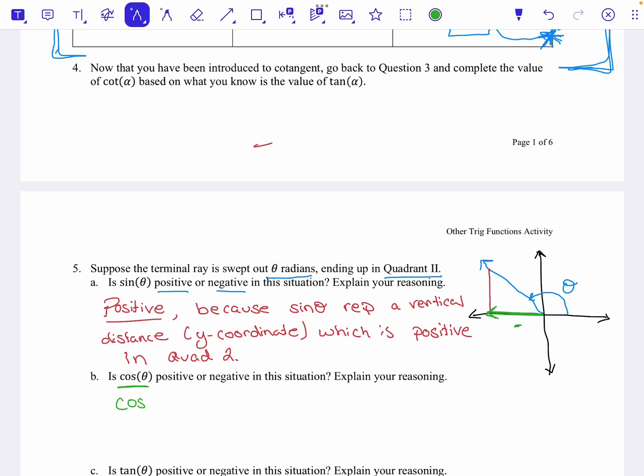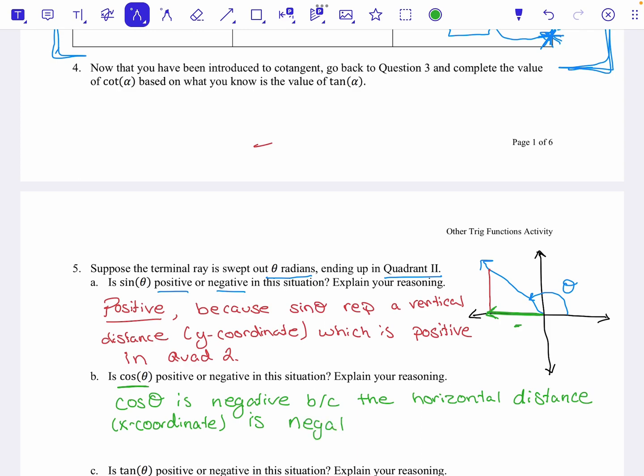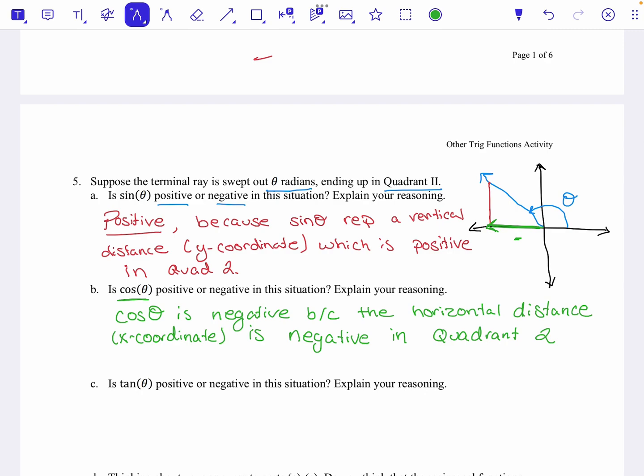So cosine of theta is negative because the horizontal distance, or our x-coordinate, is negative in quadrant 2.